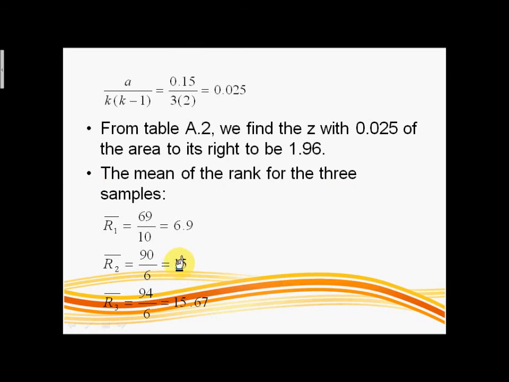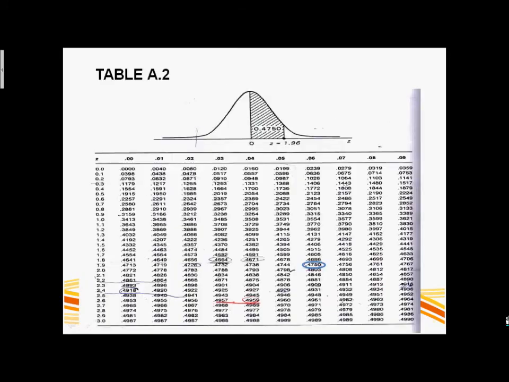We will apply this step to R bar 2 and R bar 3. From table A.2, to find the value of Z, first we have alpha over K(K-1), which is equal to 0.025.